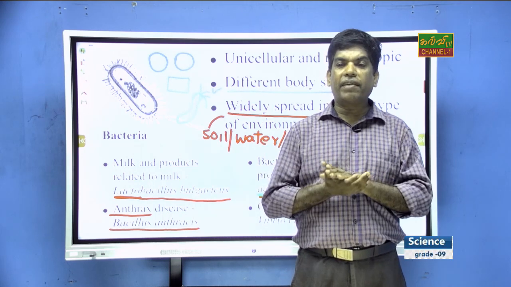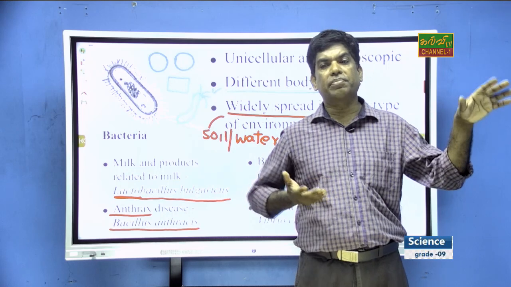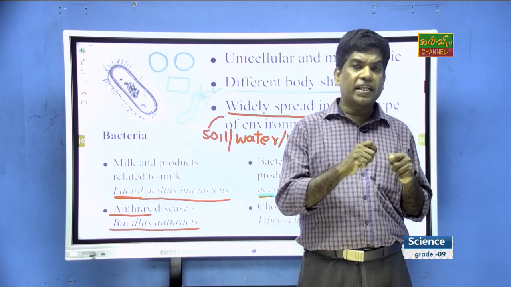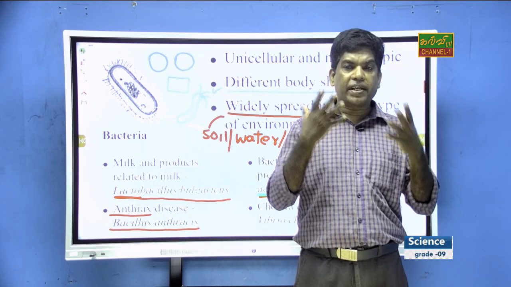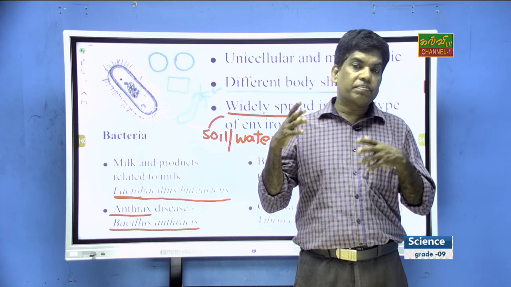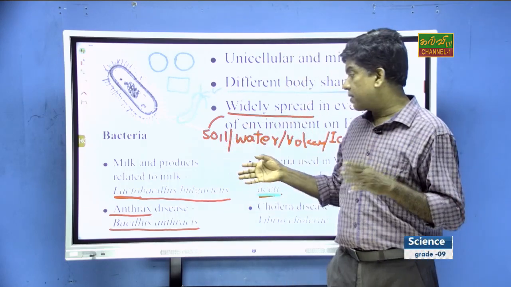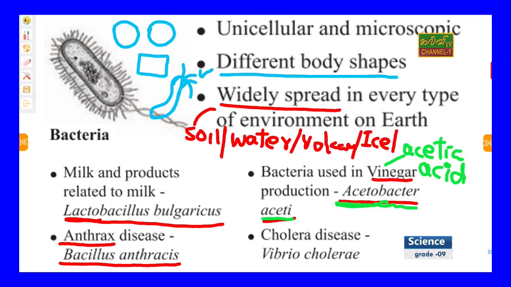Someone put it into an envelope and posted it to certain places. When they opened the envelope, the anthrax infected them. So some people used it as a biological weapon earlier.